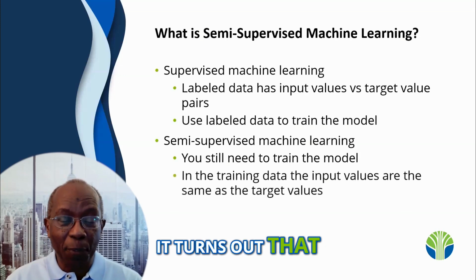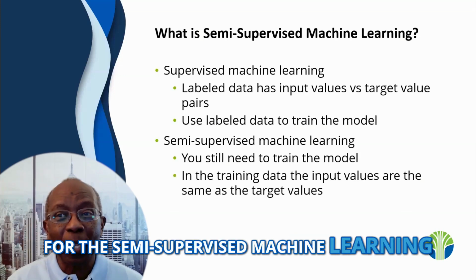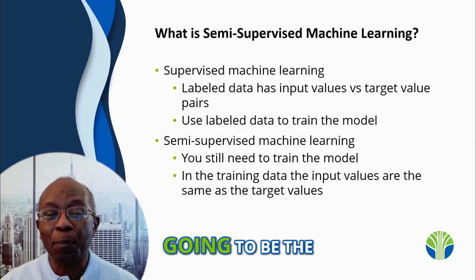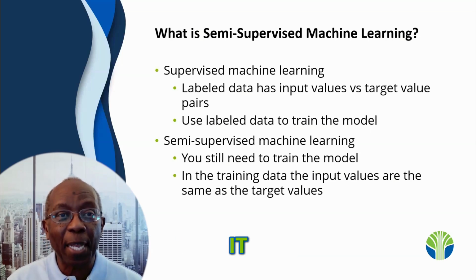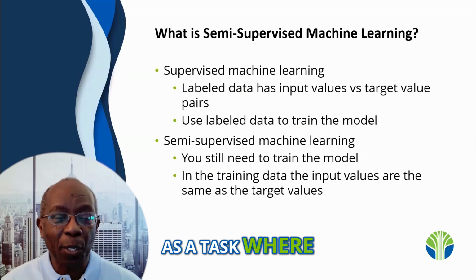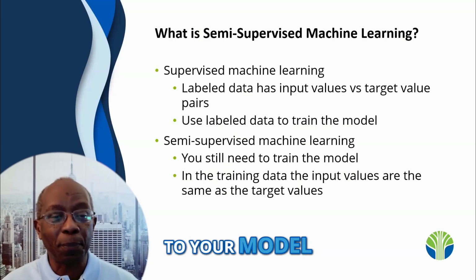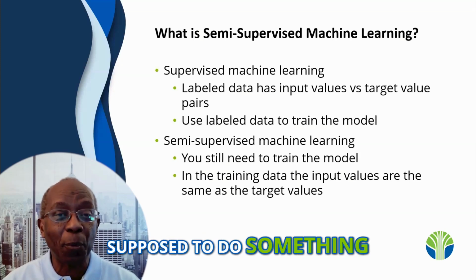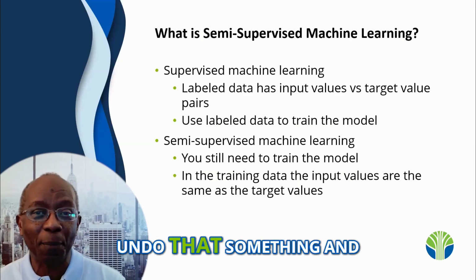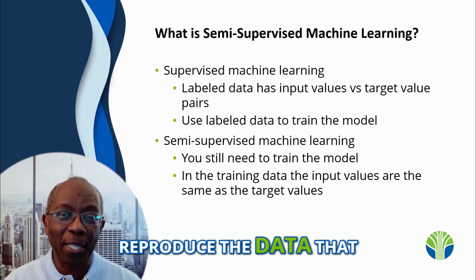It turns out that for semi-supervised machine learning, the input values are going to be the same as the target values. So think of it as a task where you present something to your model, it takes it in as input, but the model is supposed to do something with it and then undo that something and reproduce the data that you gave it.